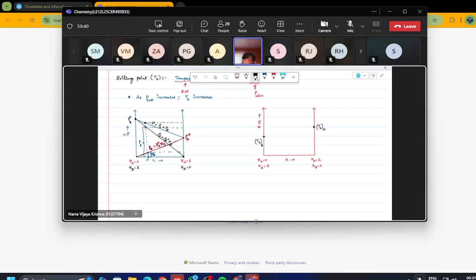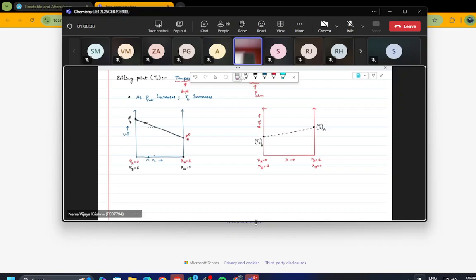What does this line indicate? Vapor pressure of solution, correct? Define vapor pressure. What does vapor pressure mean?